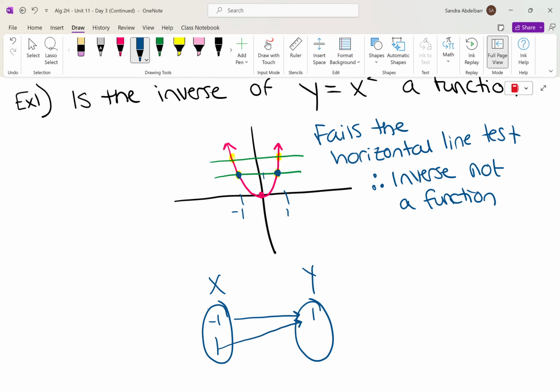So I have -1, and that goes to +1. But then I have +1, and that also goes to +1. So what's happening? That y belongs to two different x's. It's not 1-to-1. For it to be 1-to-1, every x and every y need exactly one y or one x corresponding. There's no two of anything. Nobody's sharing. It's 1-to-1. So this also fails the horizontal line test.